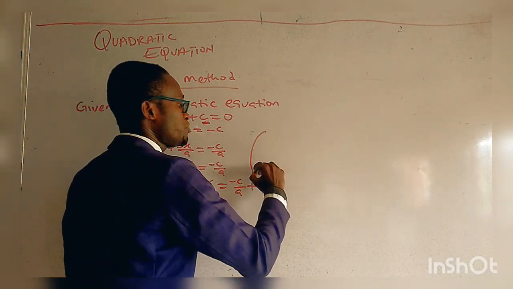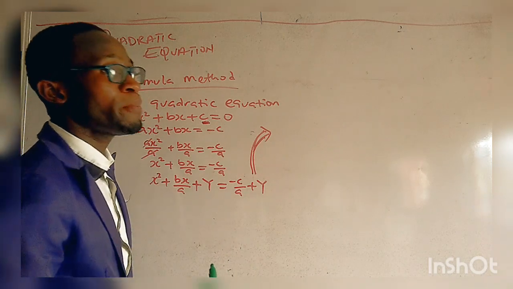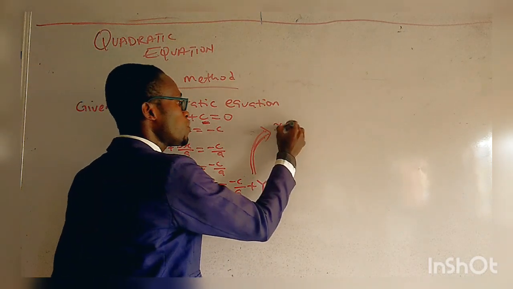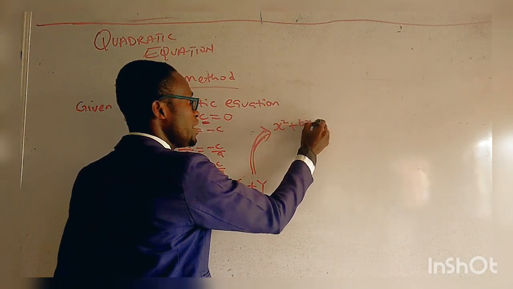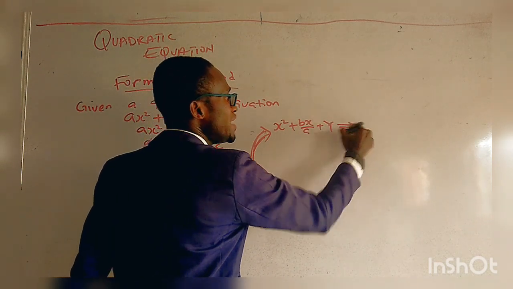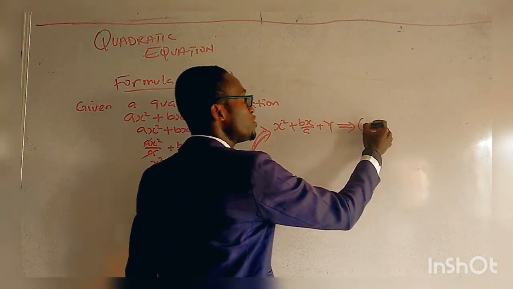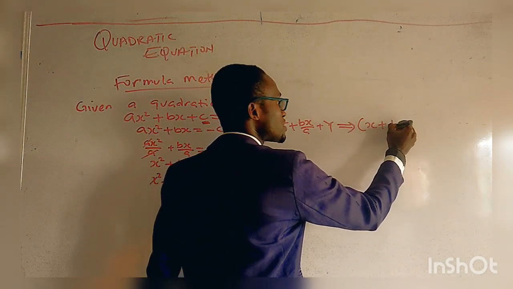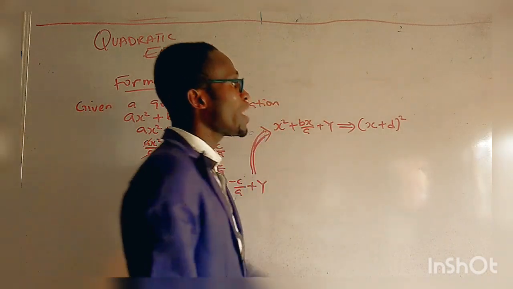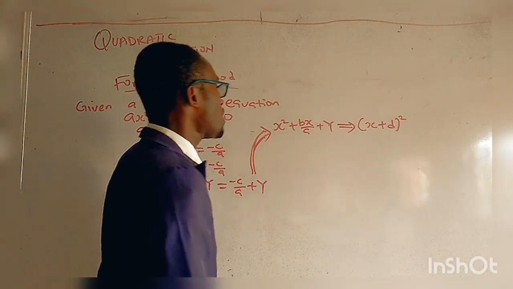When we say perfect square, we want x squared plus bx all over a plus y to be a complete square, meaning it's going to be like x plus d all squared, where d represents some number.